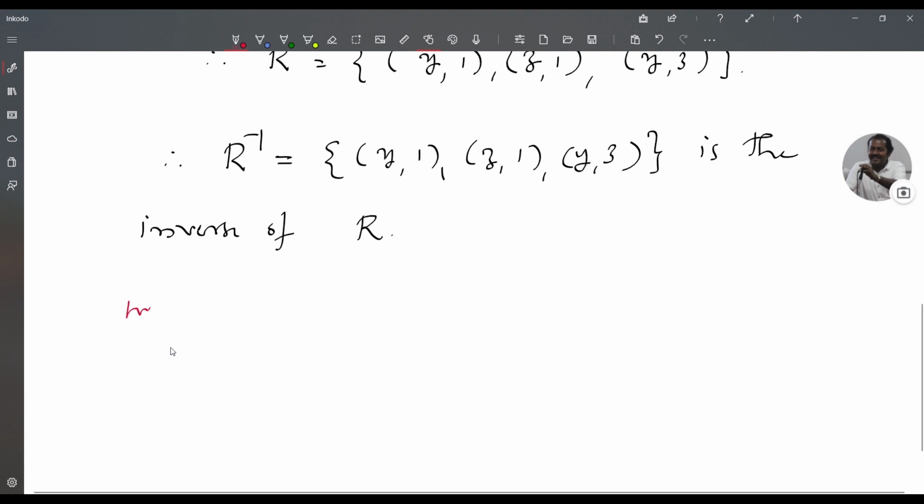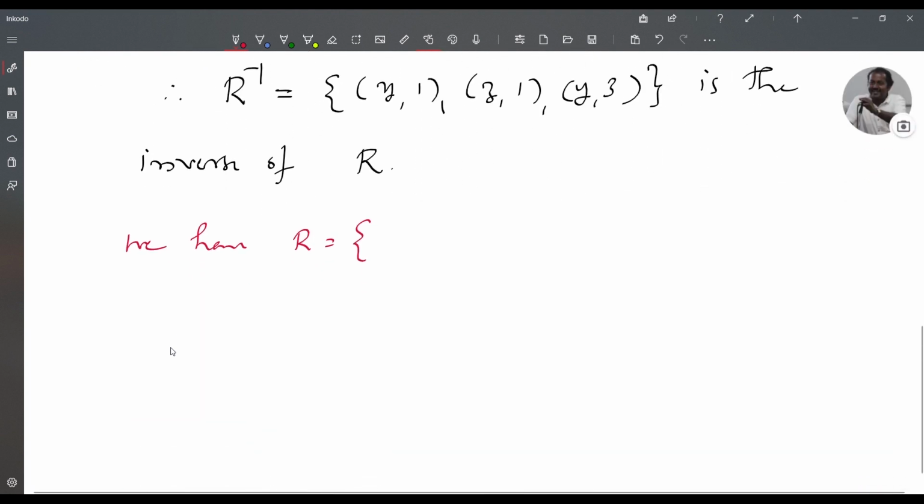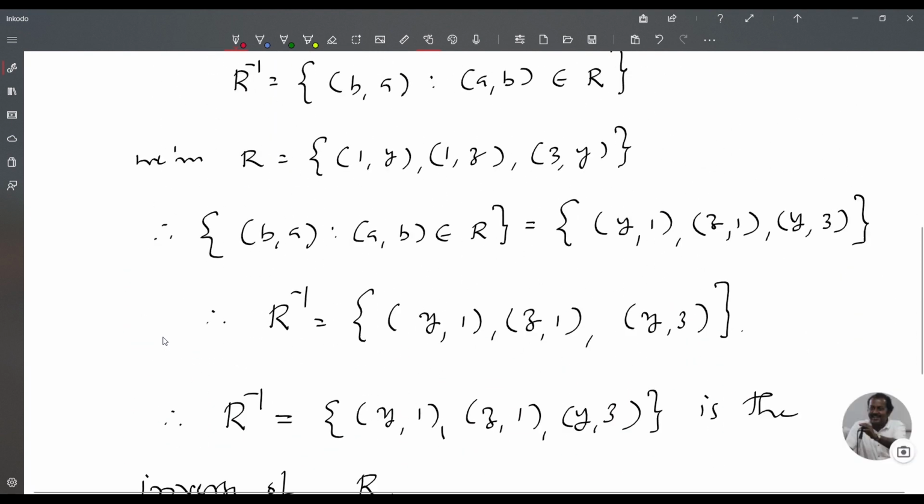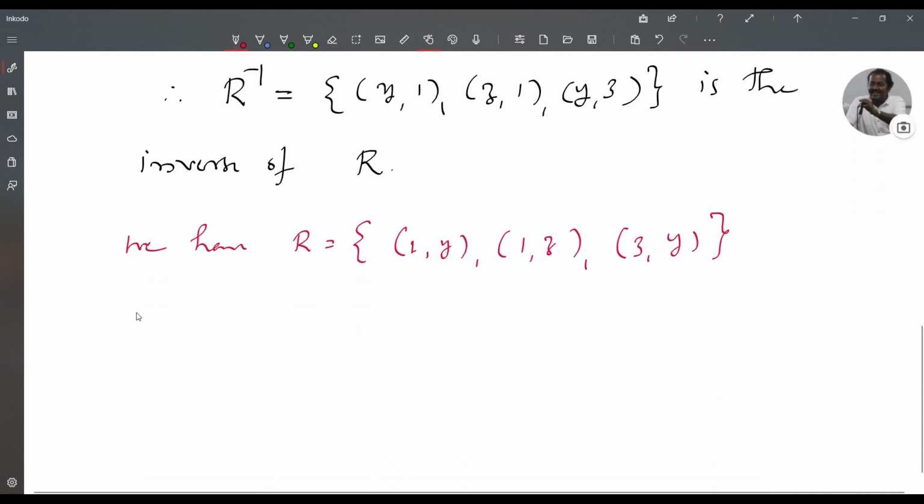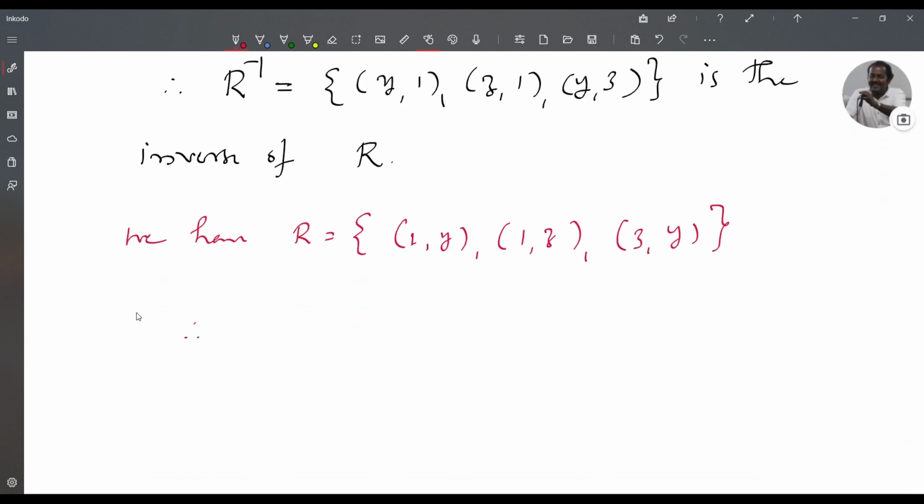Now you consider the domain of R. We have R is (1,y), (1,z), (3,y). Therefore, the domain of R is {1, 3}, and the range of R is {y, z}.